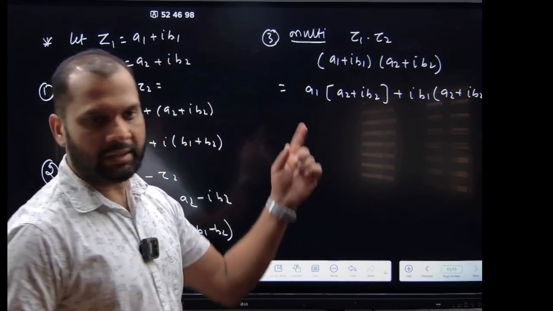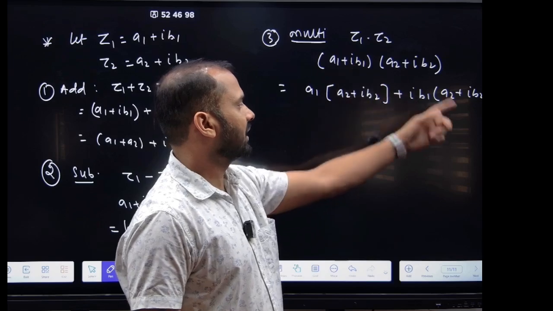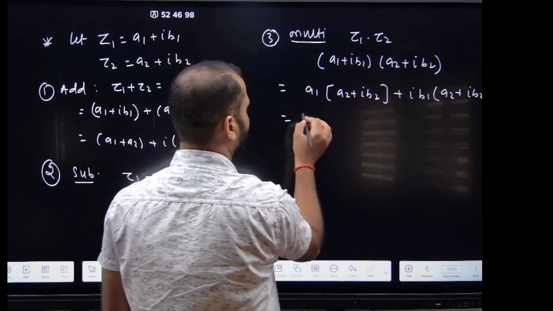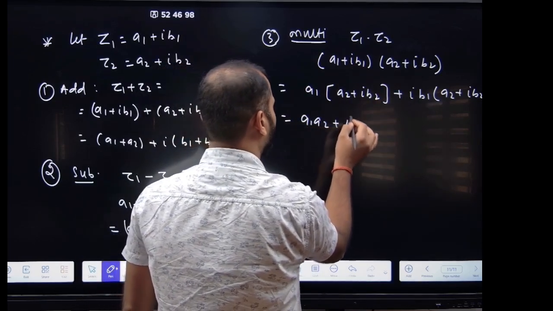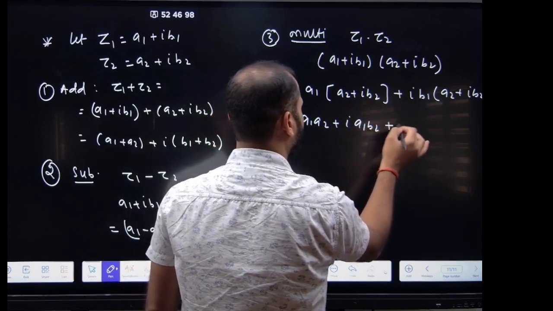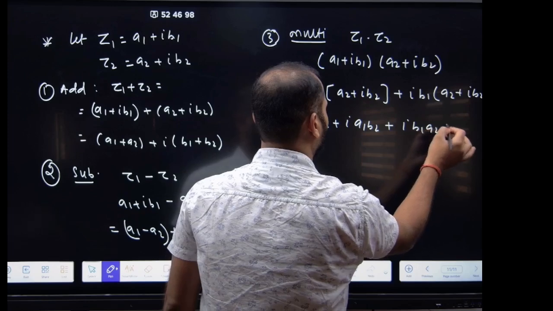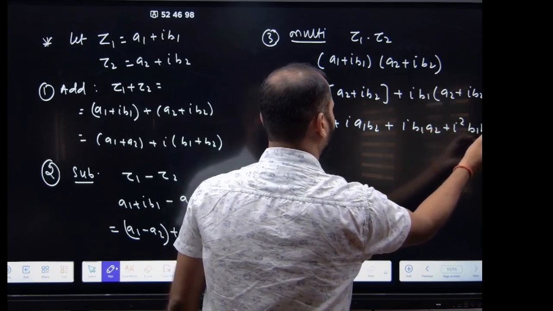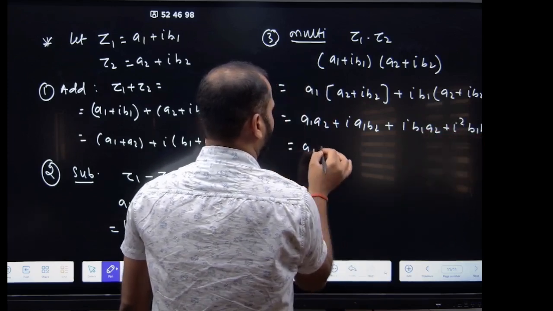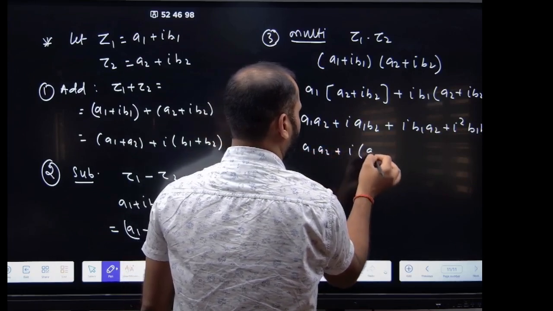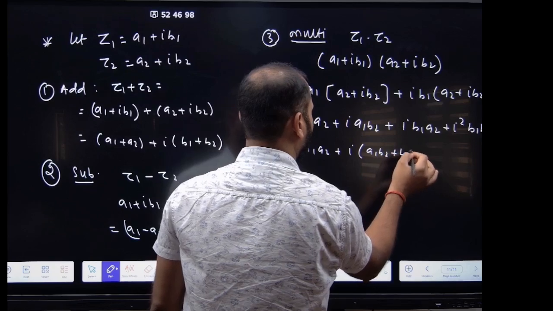One term each, right? So here you will get A1 A2 plus iota A1 B2 plus iota B1 A2 plus iota square B1 B2. Taking iota common, it is A1 B2 plus B1 A2.